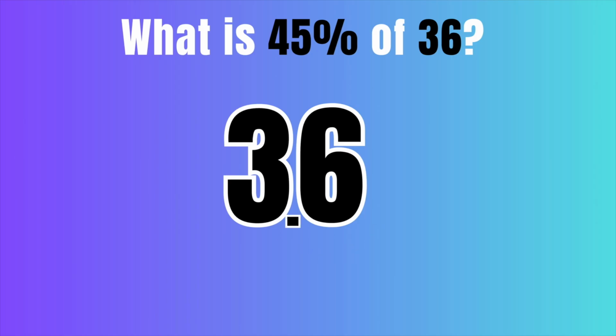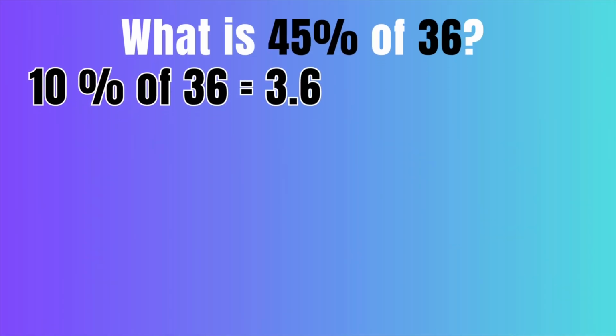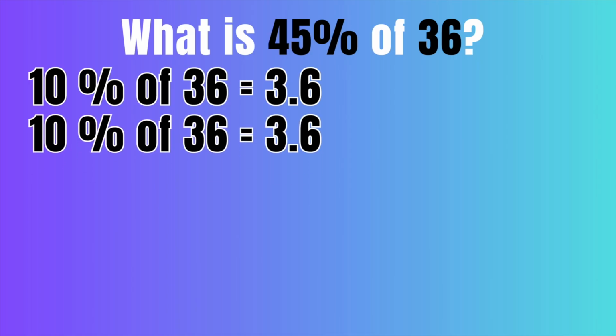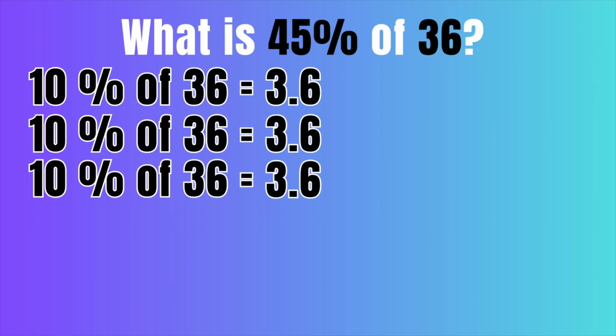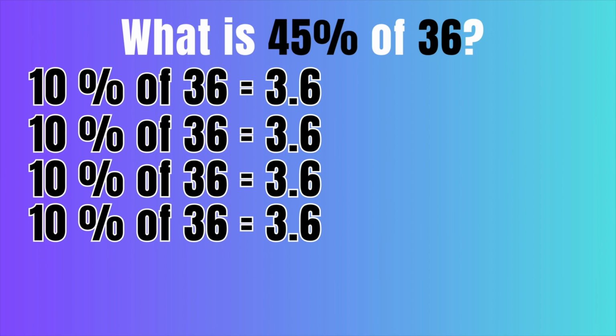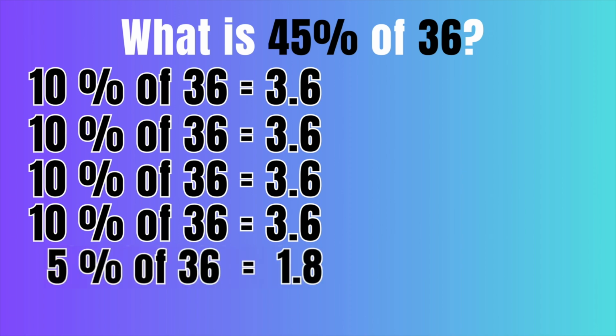Okay, so if you know how to find 10% of a number, 10% of 36 is equal to 3.6. So you could do another 10% equals 3.6, and then another 10% of 36 equals 3.6, and we can do another 10% of 36 equals 3.6. 5% of 36 is half of 3.6, which is 1.8.